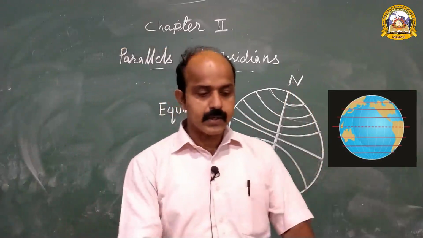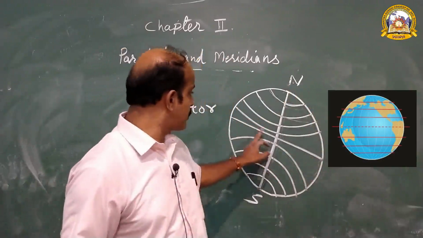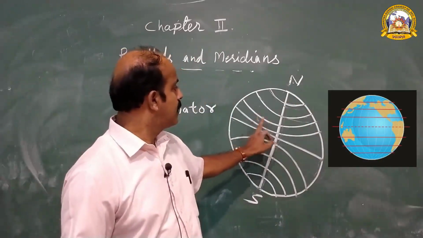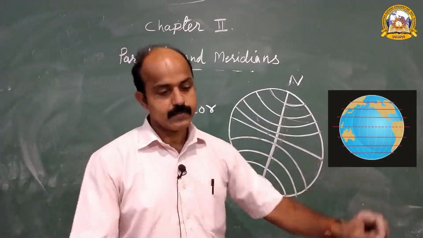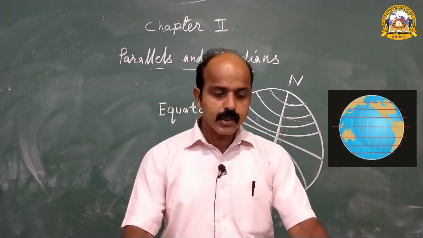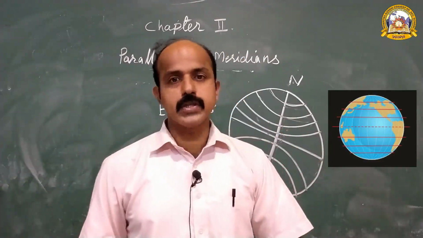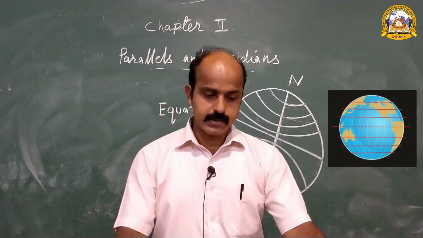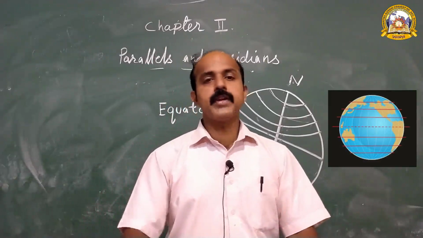All parallels are located at an equal distance from each other. The distance between each parallel is equal. Parallels neither touch nor cross one another. These are the 4 important features of the parallels.